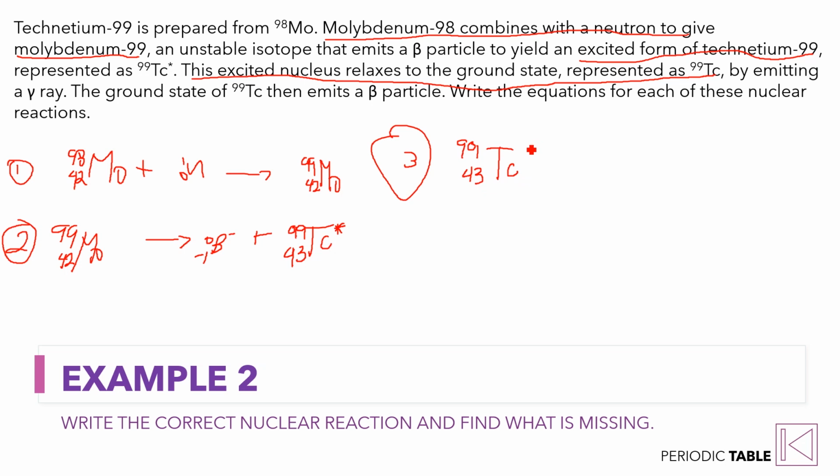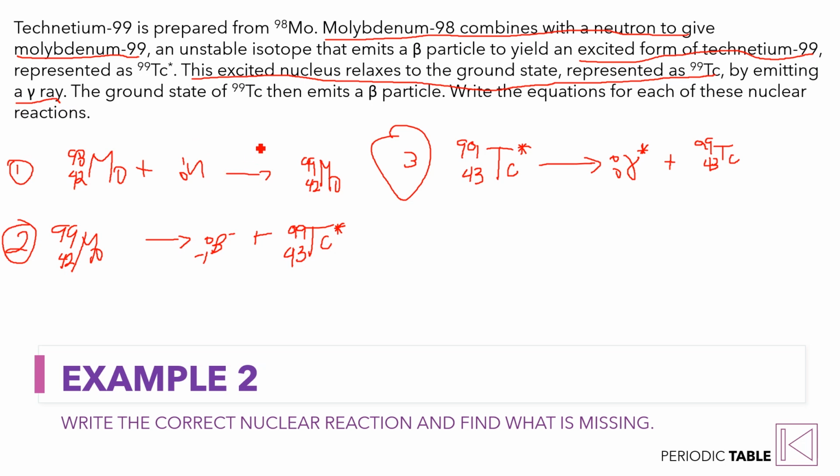Pag nag-undergo siya ng relaxation, inilalabas niya yung energy in form ng gamma. Gamma natin. Tapos meron siyang asterisk plus the original one dahil wala naman siyang effect doon sa nucleons natin. So, by emitting a gamma ray, yun nga naman pala.